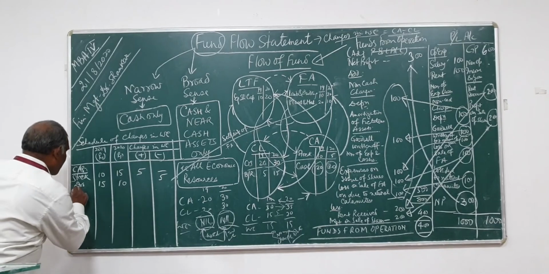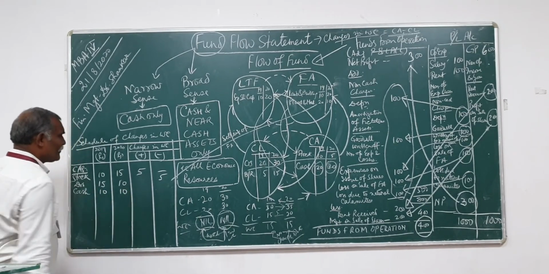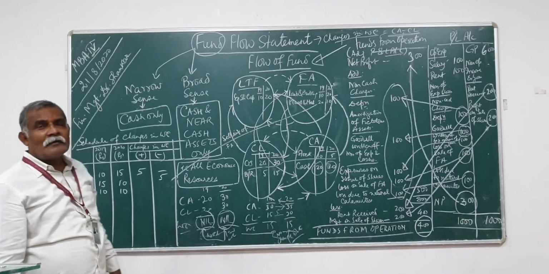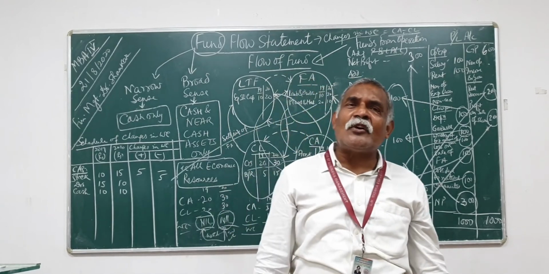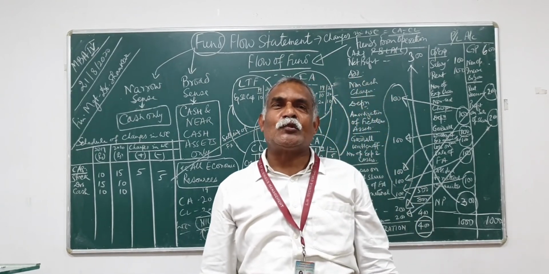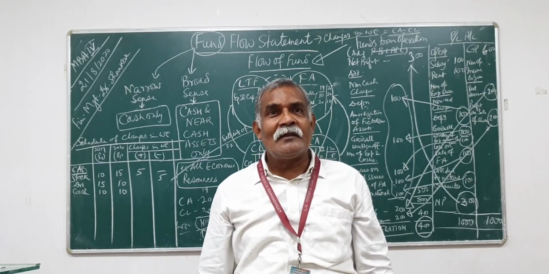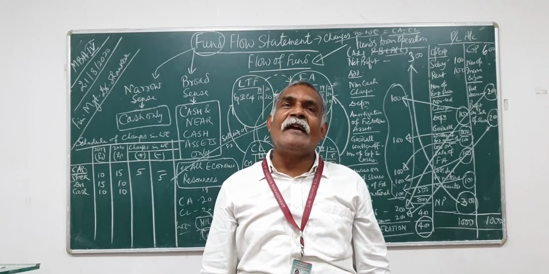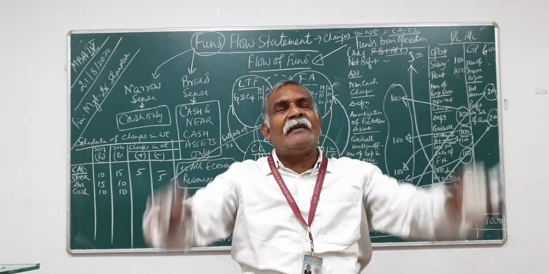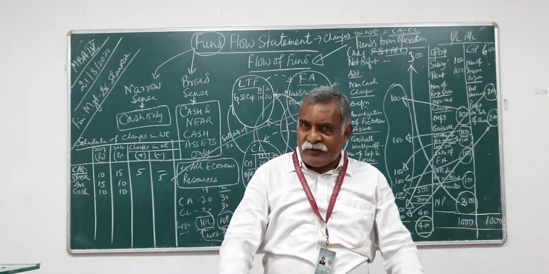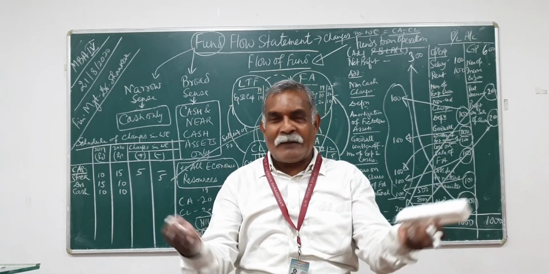Okay, now you can take cash, 10 and 10. Cash is 10 in 2019 and 2020 is also 10. Now which type of impact you will find on working capital? Because cash remains same, current assets remain same, current liabilities also not changing. So what do you think? Working capital will not change.